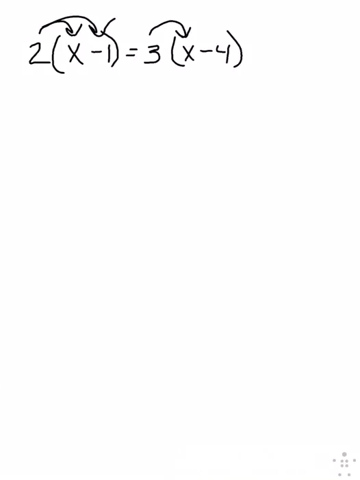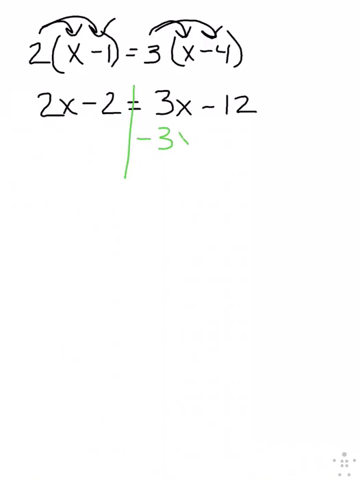Letter D, 2x minus 1 equals 3x minus 4. I distribute both parentheses. 2 times x is 2x. 2 times negative 1 is negative 2. 3 times x is 3x. 3 times negative 4 is negative 12. I combine my like terms by doing the opposite, doing a minus 3x. 2 minus 3 is negative 1.